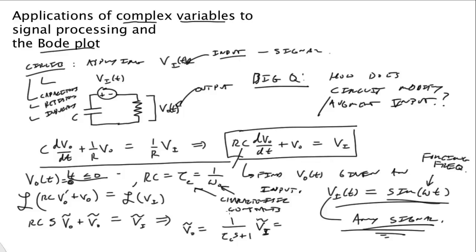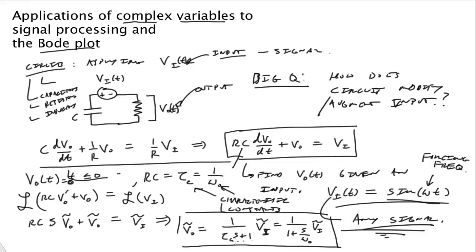Another way to write this is of course 1 over 1 plus s over omega naught times V in tilde. This is a really nice way to express the input-output relationship. All the complicated differential equation stuff becomes a multiplication.